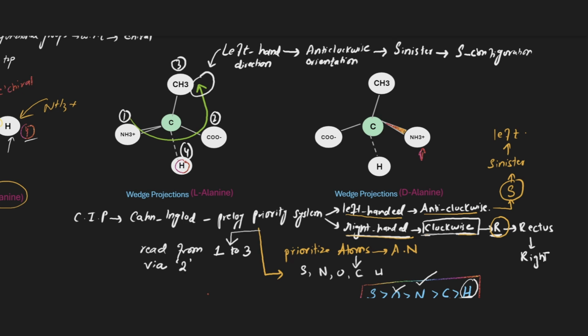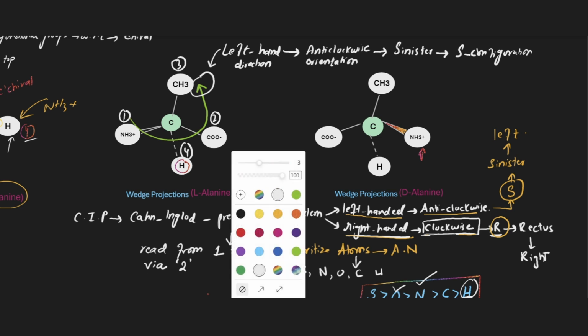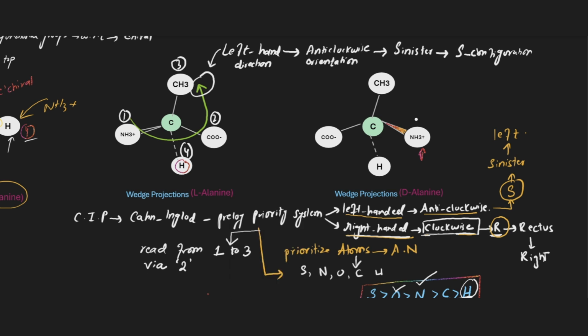Now in this case you know which atom is directly attached to the chiral center. Just move towards the second step, that is to allot the priority numbers. So now we are going to allot the priority numbers, and you know that nitrogen is given the priority number 1 according to the CIP rules. And among these, as you know that the hydrogen has the least atomic number, so it will be given the priority number 4.